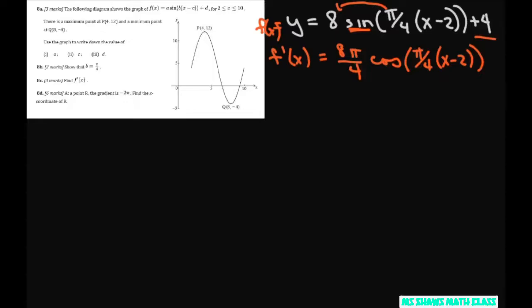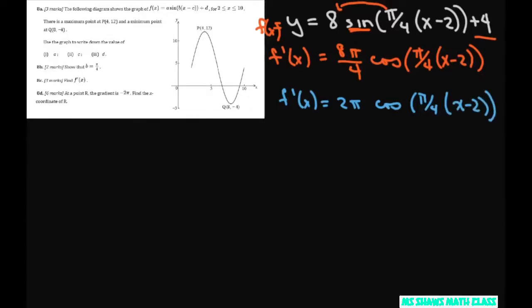Now, the derivative of 4 is just 0, so that would be plus 0, but we don't need to add that. So cleaning this up, our f prime is 2 pi cosine of pi divided by 4 times x minus 2.